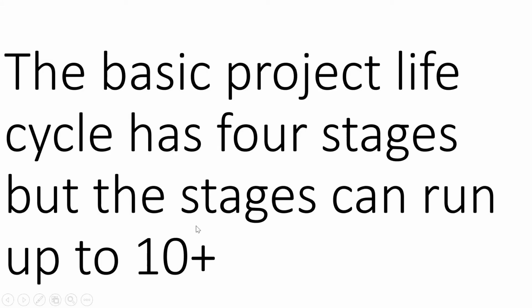Now, much as there are a number of phases of project life cycle depending on which industry, what purpose, there could be many, 10 plus, but the basic project life cycle has 4 stages.